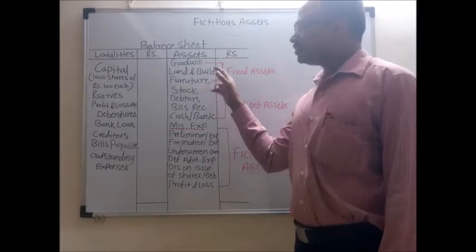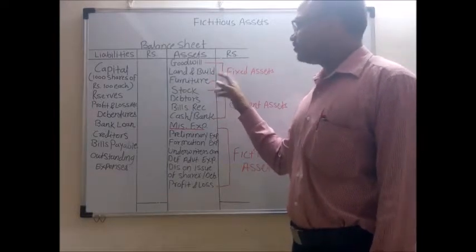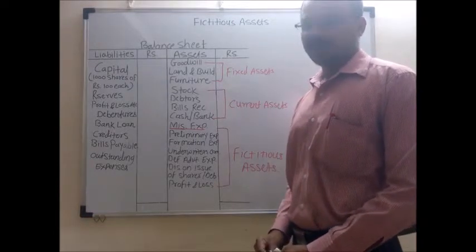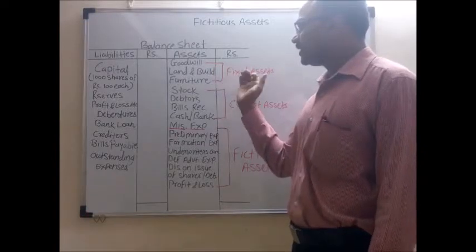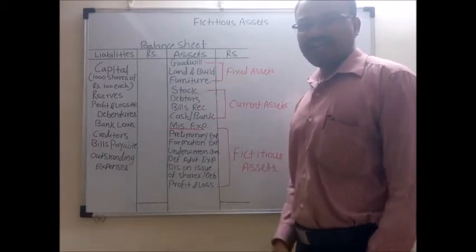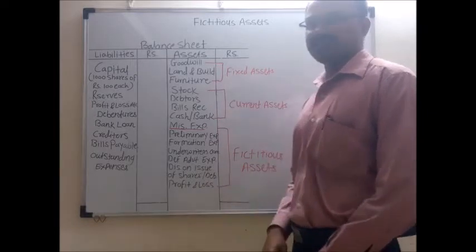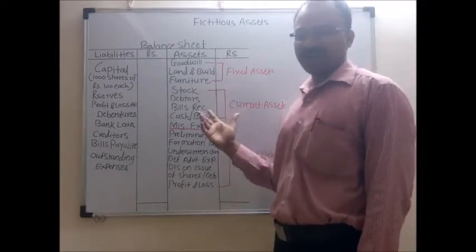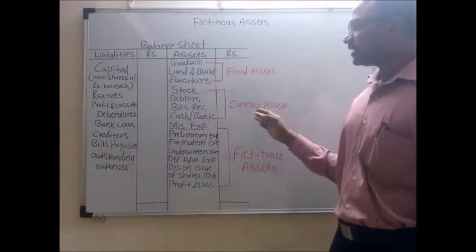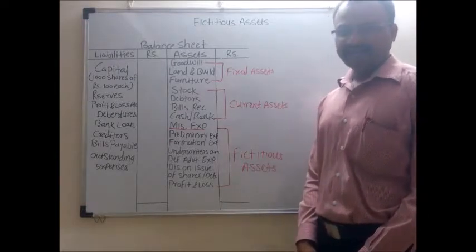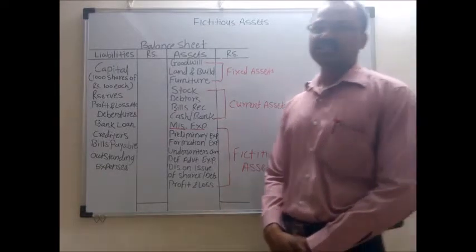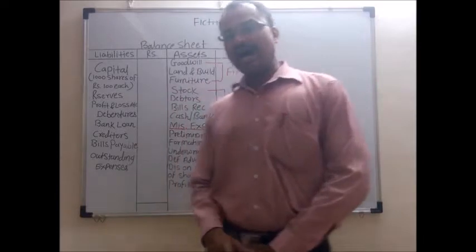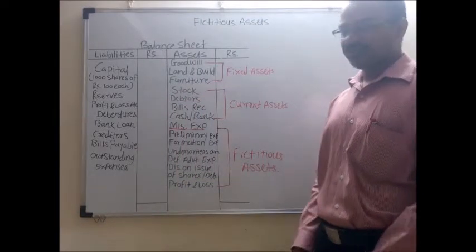Fixed assets are those purchased by the business to get the benefit over a longer period of time, like land and building, furniture, and goodwill, which is an intangible asset but is considered a fixed asset. The second type is current assets: stock, debtors, bills receivable, cash and bank balance, prepaid expenses, etc. Miscellaneous expenditure which is not actually an asset of the business is considered a fictitious asset.